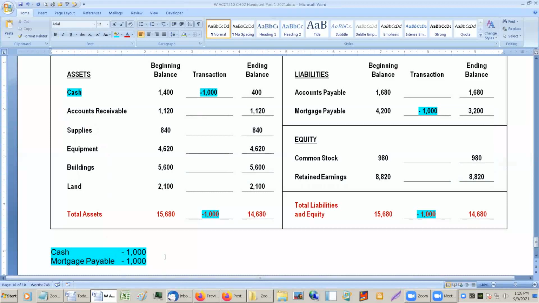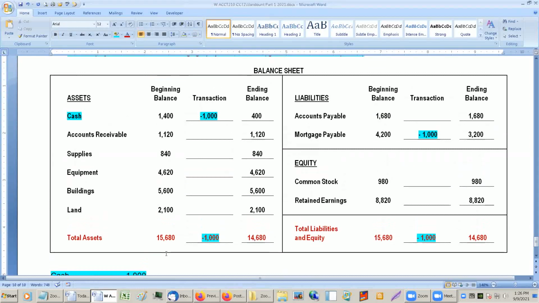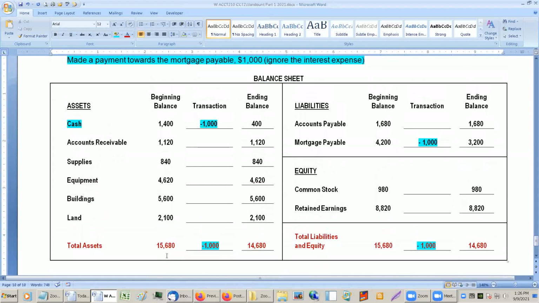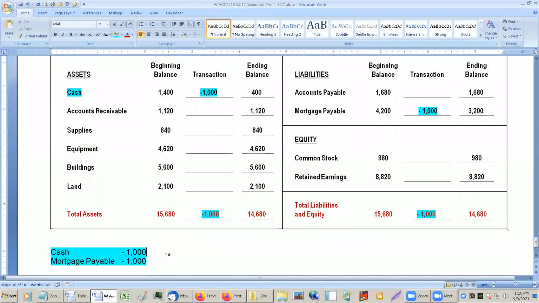And that's what we're going to talk about next class: how do we just record this transaction without going through all of this stuff? Not that this stuff isn't there, it is there, but for this transaction, we don't need most of these accounts. Question on that?